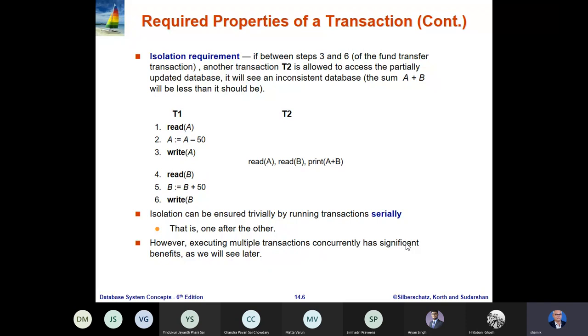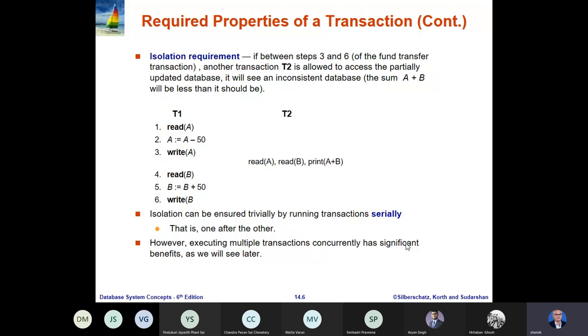So what is important is that even when concurrent transactions are executed, only certain types of intermingling of the individual instructions of the transactions should be allowed by the database management system, so that the output that we get is actually correct. So this property is what is called isolation.